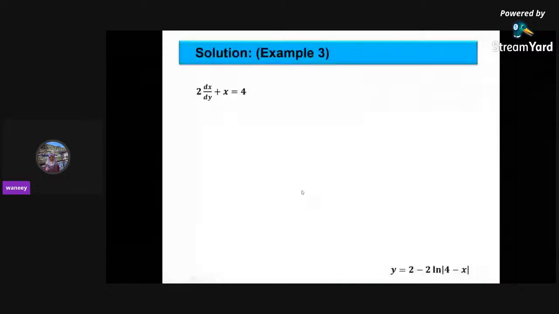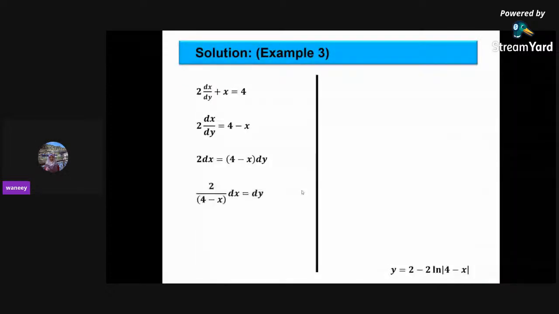Right, over here, I separate them and I get 2 over 4 minus x dx equal to dy. Since we have already separated x and y, we can easily integrate them. So integrate 2 over 4 minus x dx equal to integrate dy.